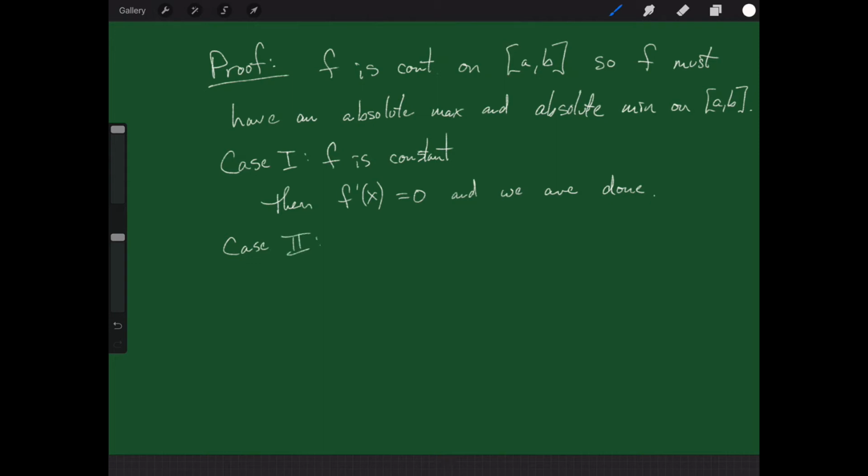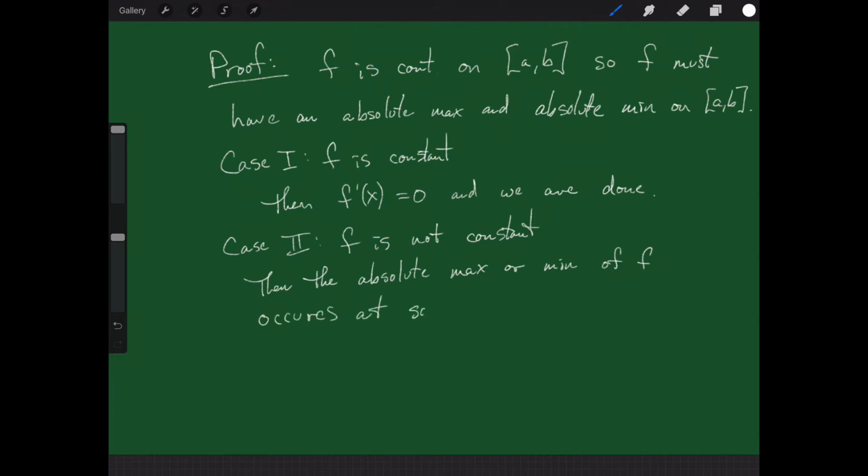And in case 2, f is not constant. Okay, so if f is not a constant, then the absolute max or min of this function f occurs at a point C, and that C is in the open interval from a to b.